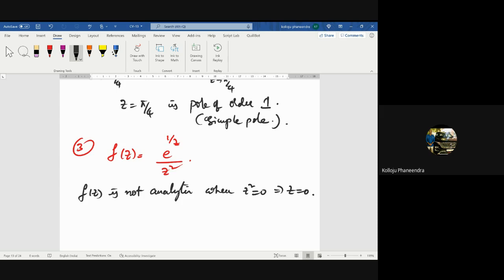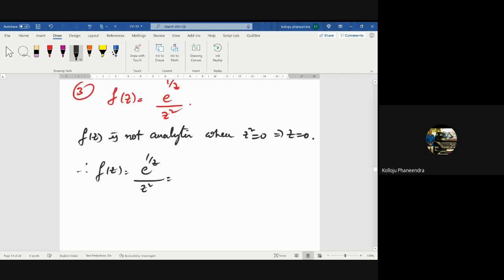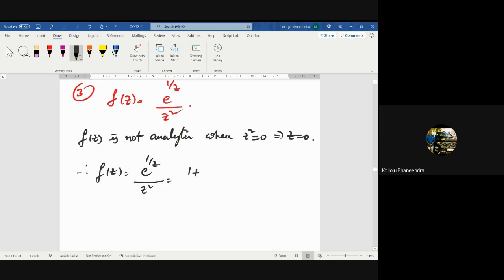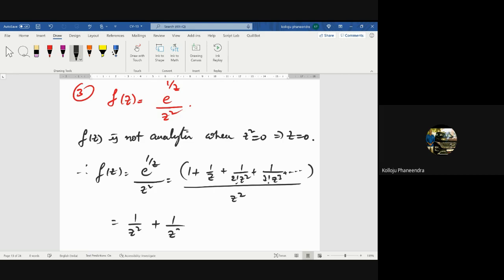Now, z equal to 0, therefore e power 1 by z I can expand, or you can apply the formula also, doesn't matter. This is 1 plus 1 by z plus 1 by 2 factorial z square, 1 by 3 factorial z cube, and so on, whole by z square. So this is 1 by z square, 1 by z cube, plus 1 by 2 factorial z power 4, and so on.